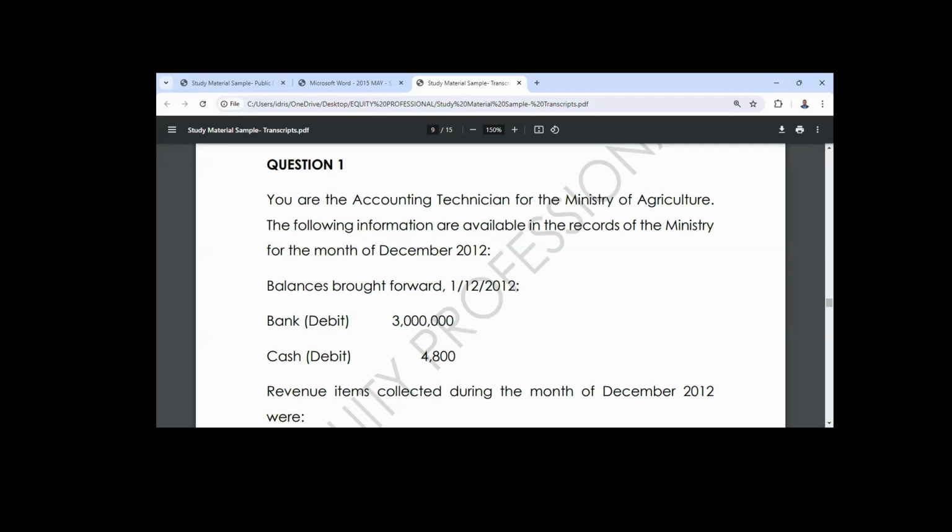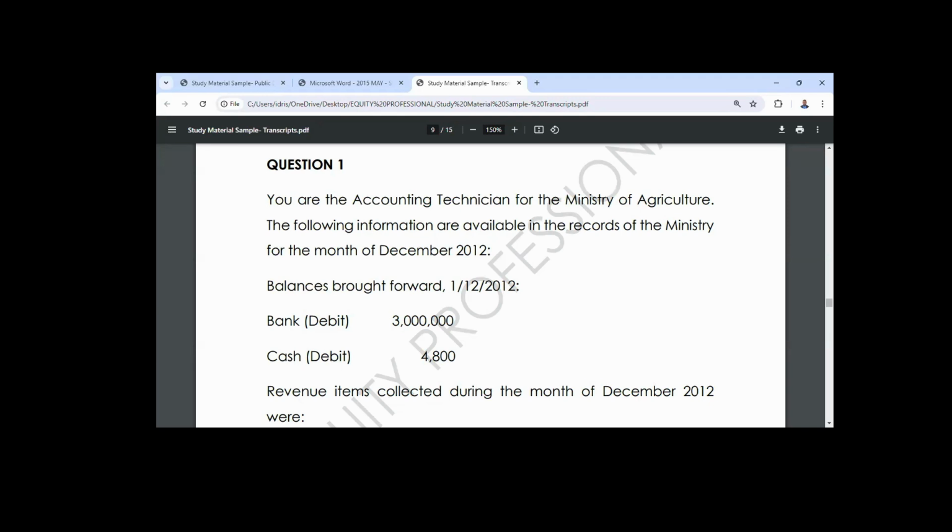Let's read question 1. You are the accounting technician of the Ministry of Agriculture.